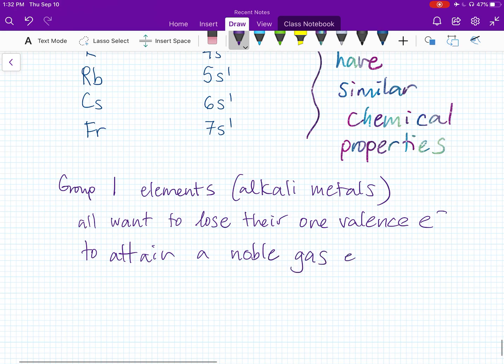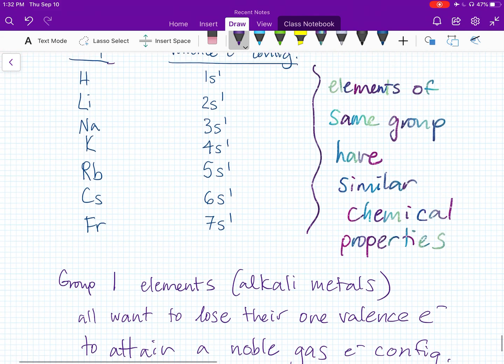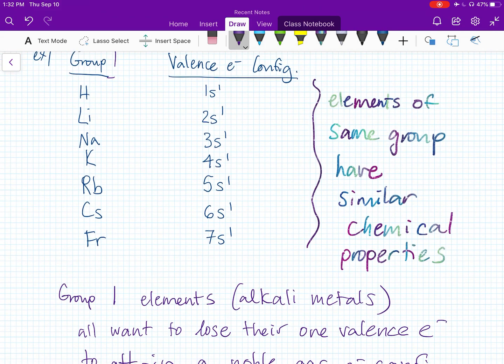A noble gas electron configuration is extraordinarily stable with all the valence subshells filled. So this is just an explanation for why their chemical behavior is similar to each other, because they all really want to just get rid of this valence electron so they can be like the nearest noble gas.